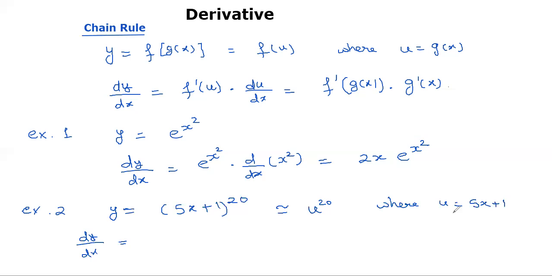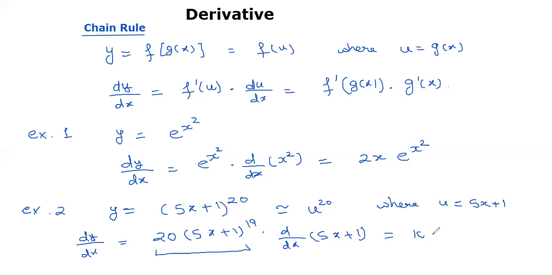So the power rule will be applied first. The answer is 20 times (5x plus 1) to the power 19, multiplied with the derivative of 5x plus 1, which is 5. So the answer is 5 into 20, which is 100, times (5x plus 1) raised to power 19. Let's have some more examples.